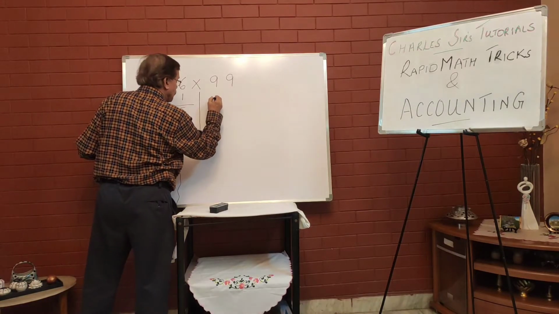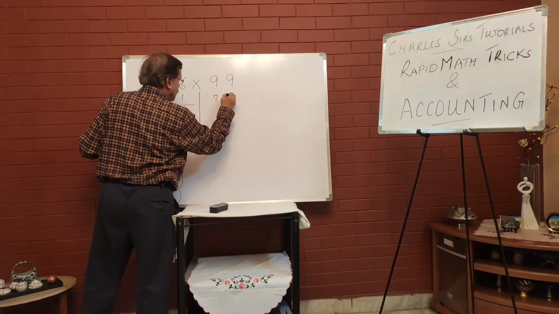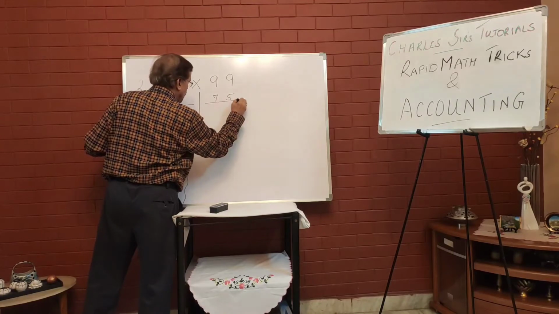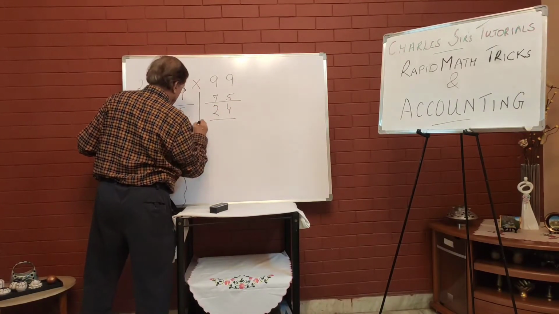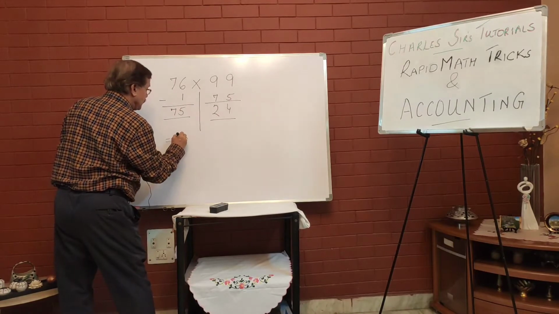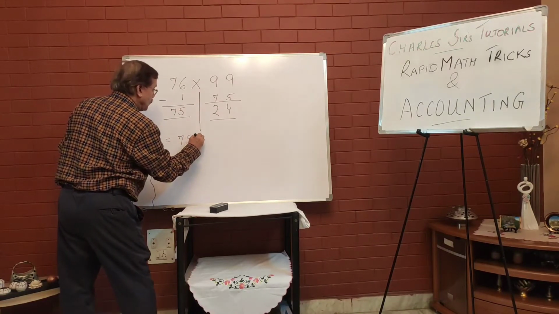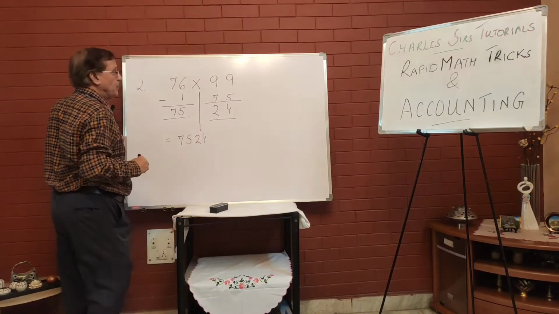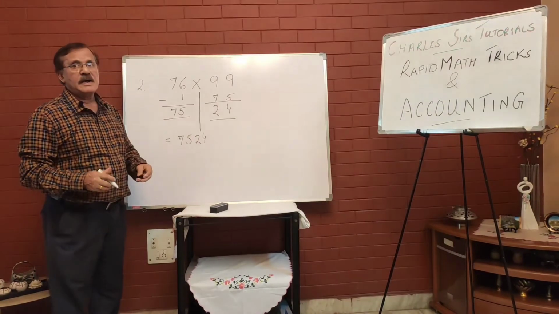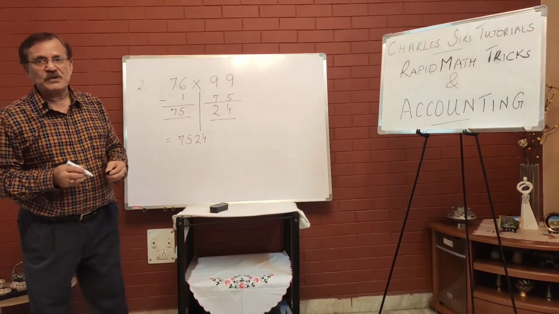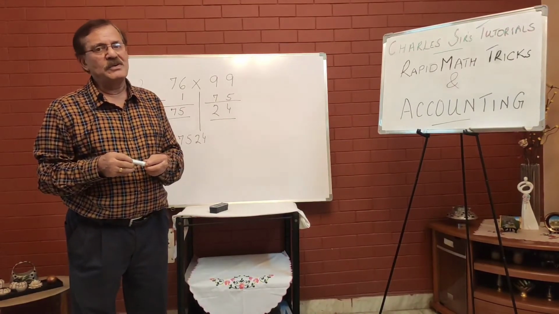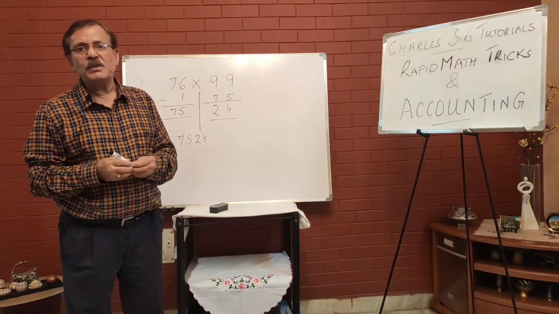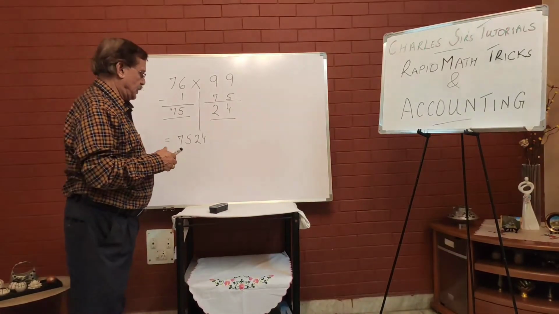From this 75, subtract from 99. This is the second part. And what is left? 2 and 4. Combine the two, you get answers 7, 5, 2, 4. This is when we multiply 76 and 99. So this is the second part of the question and the final question altogether. And now you can really see how quick we can do these calculations.